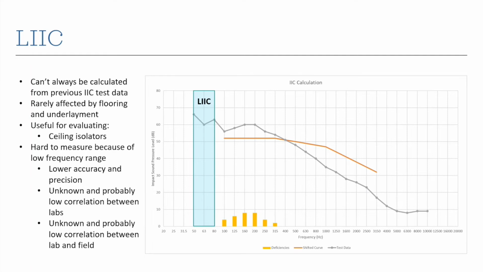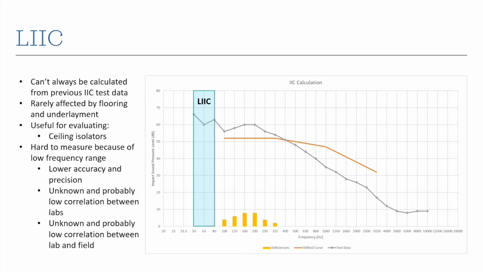Right now, what the LIIC rating is, I think, most useful for is apples to apples comparisons, back-to-back comparisons in the same lab, or in the field if you can go do mock-ups and do testing that way. So in the lab, say you're changing out ceiling isolators, or you're adding a layer of gypsum board, or you're looking at changing your topping of gypsum concrete or something like that, and you're doing these tests back to back in the same lab.